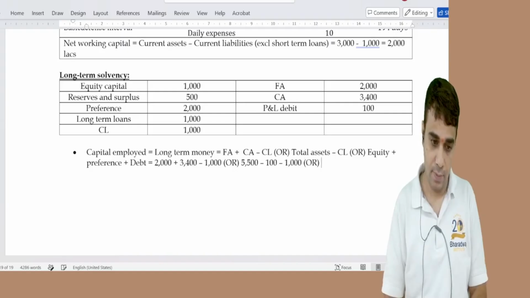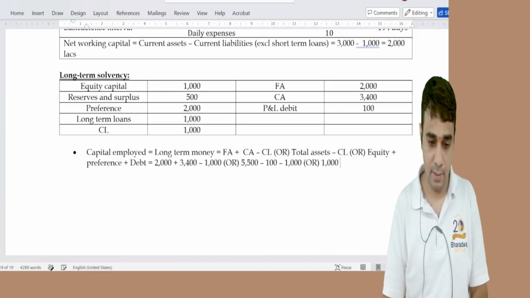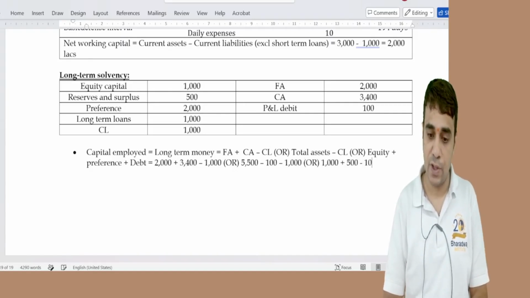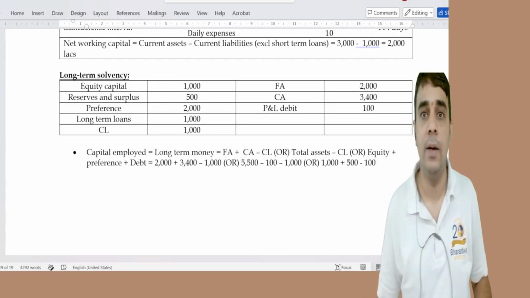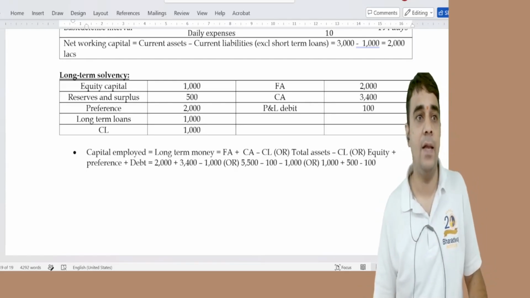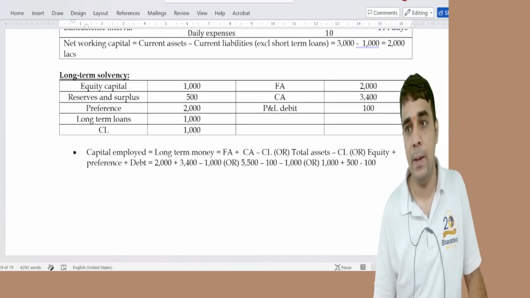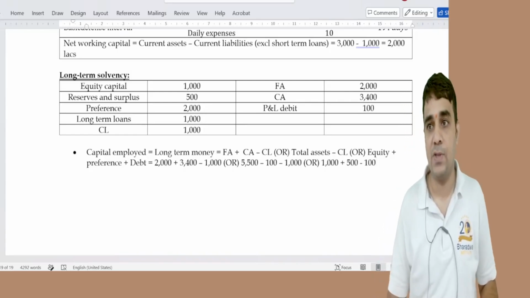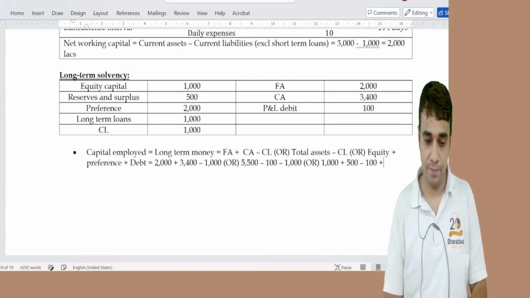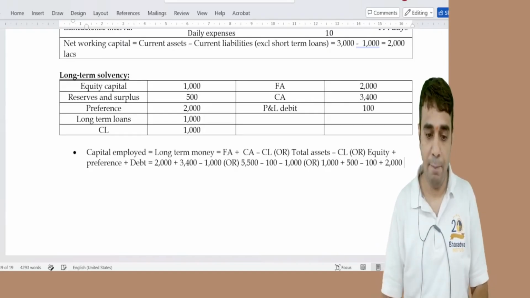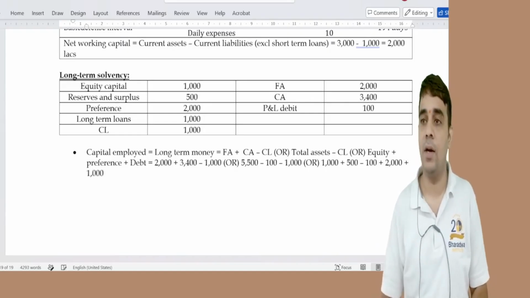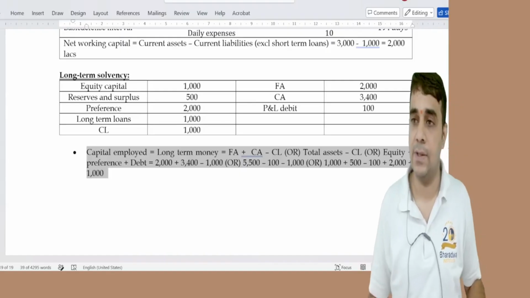Or take equity capital and reserves, and from the reserves remove the P&L debit balance. Add preference, add long term loan, and all will give the same answer.